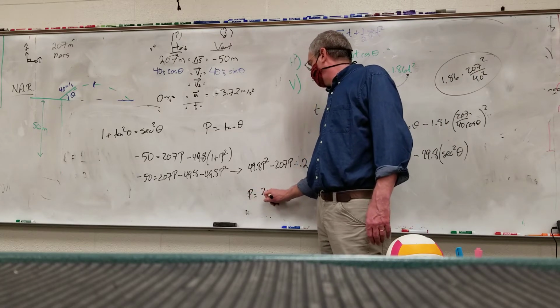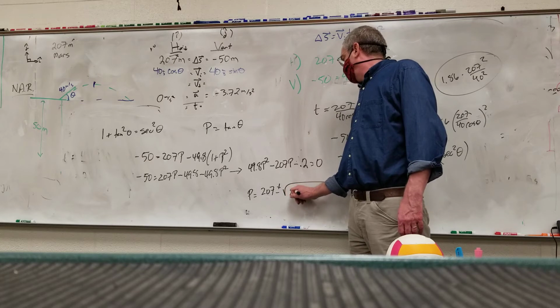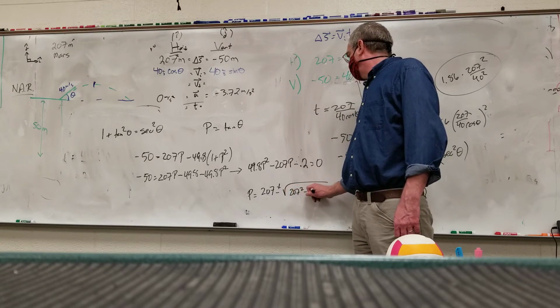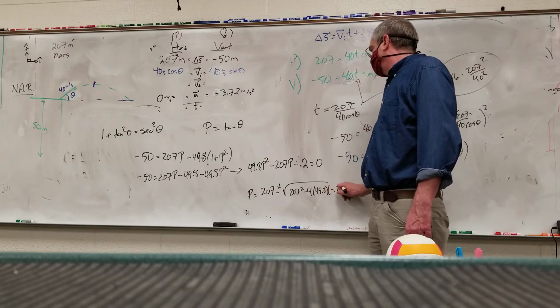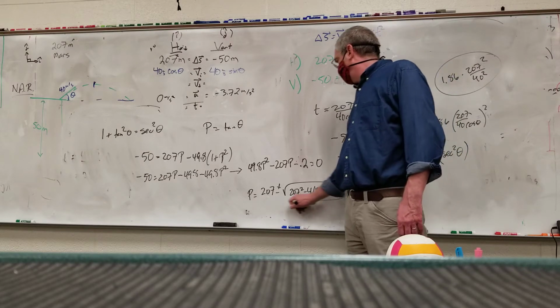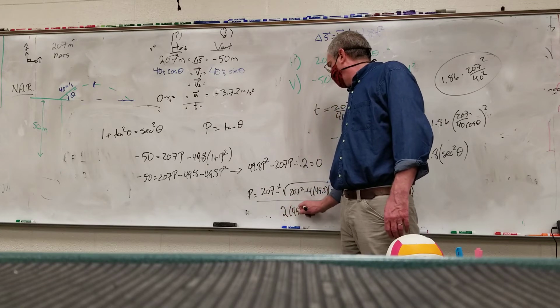P equals 207 plus or minus the square root of 207 squared minus 4 times 49.8 times negative 0.2, divided by 2 times 49.8.